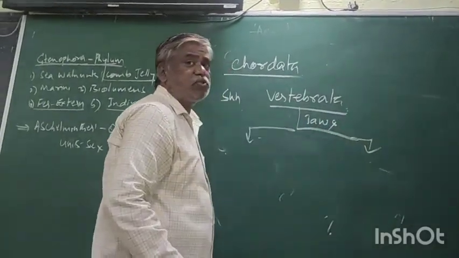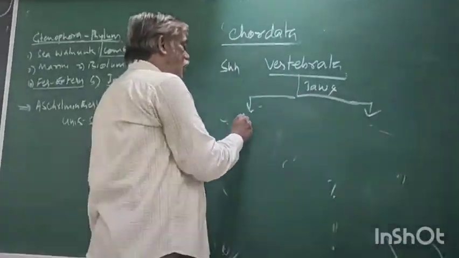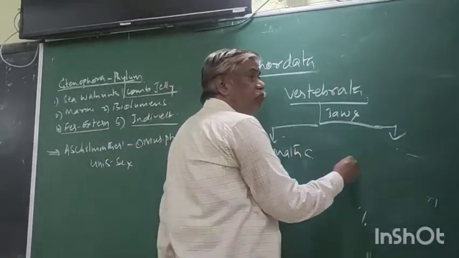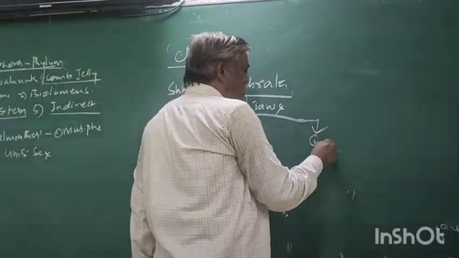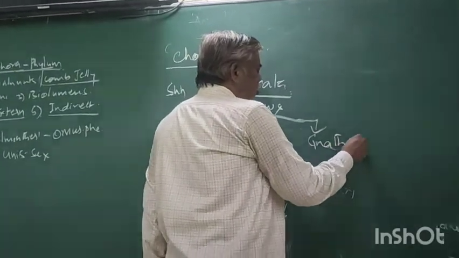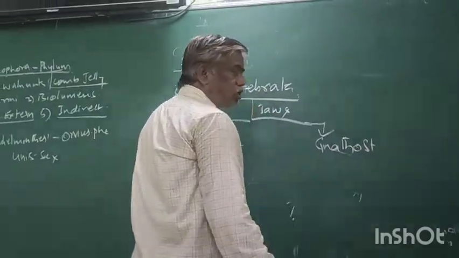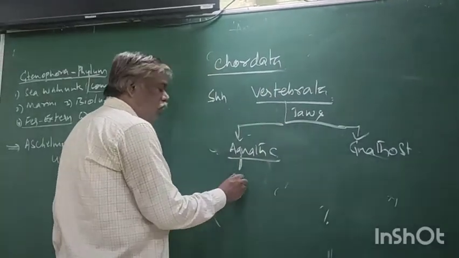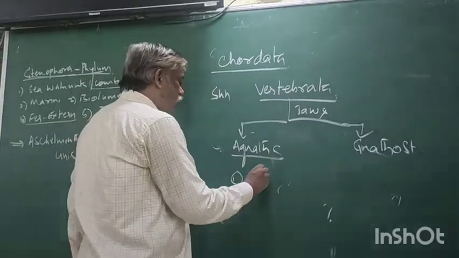If the jaws are absent, agnatha. If the jaws are present, gnathostomata. In agnatha, only one class is there: cyclostomata.